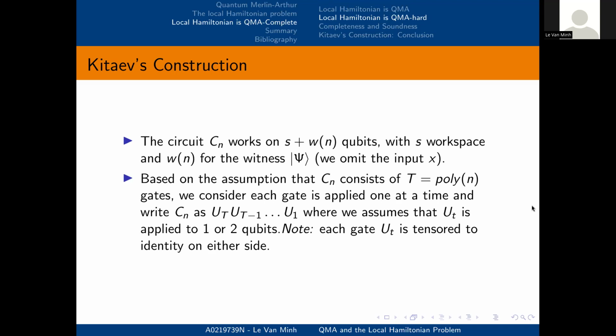We consider each gate to be applied one at a time and write Cn as a sequence of operations UT applied to UT minus 1 dot dot dot to U1, where we assume that Ut is only applied to 1 or 2 qubits. We also note that each gate Ut is tensored with identity, so they operate on the correct number of qubits.